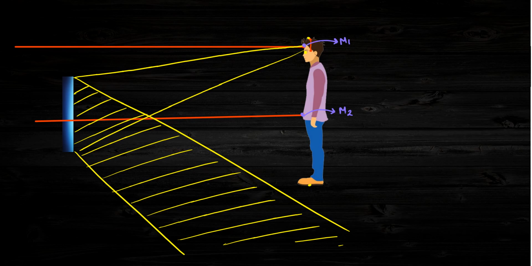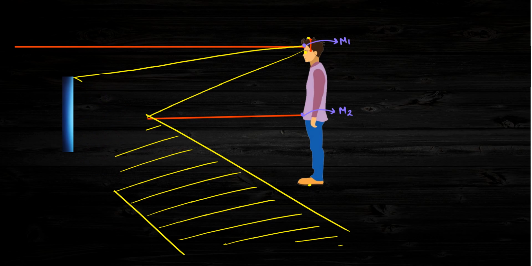Else the observer will not be able to see himself if the mirror is located away from these two red line segments. Now this also makes us understand another interesting fact.